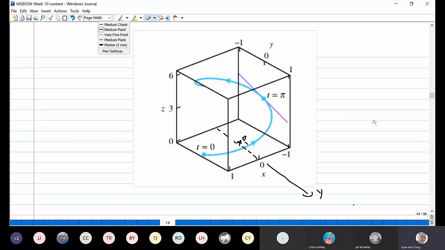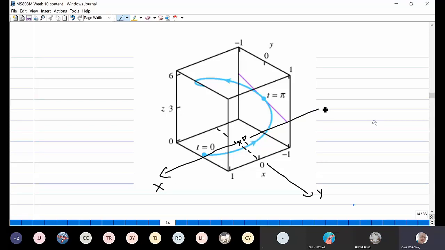The center is here, 0 here. This is the x-axis here, negative x direction. And then the z-axis goes up from the ground. So this is the z-axis here, going up from the ground.